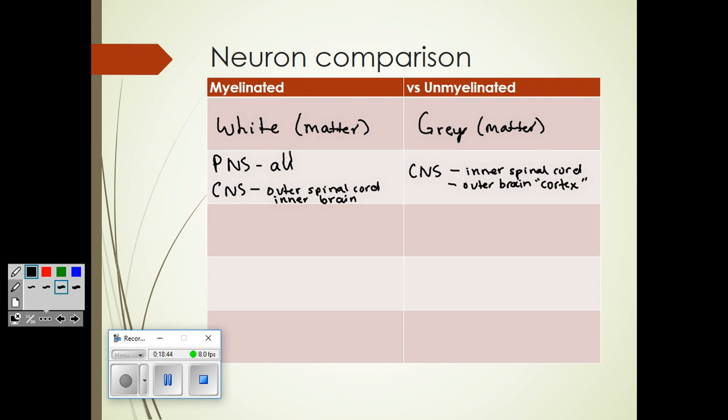So if I said that I had an unmyelinated neuron, the number one choice for where it is located is your central nervous system. It should be there. The only reason we would say that one is in the PNS is if damage had happened, but if we're looking for gray matter, we should find it in the CNS. White matter is found in both the CNS and the PNS.